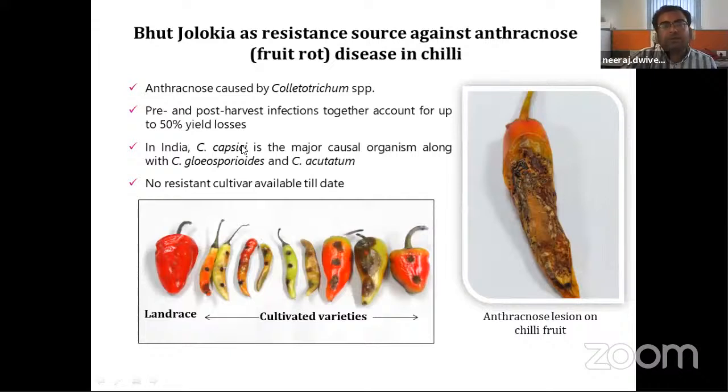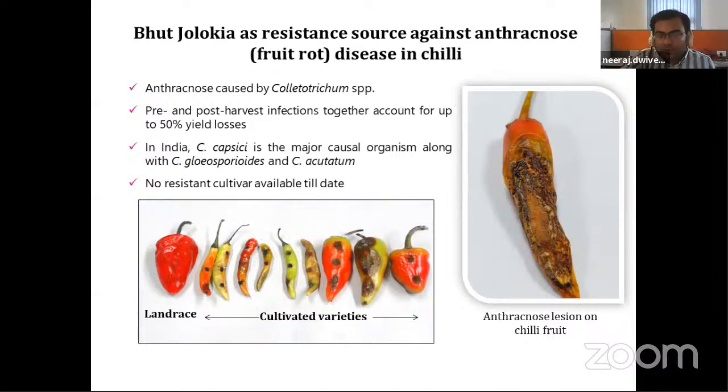As you all know, anthracnose disease is caused by a Colletotrichum species, and it is a pre- as well as post-harvest disease, which causes yield loss up to 50%. We all know that India is the highest producer, consumer, and exporter of chili crop. In India, Colletotrichum capsici, as well as Colletotrichum gloeosporioides and C. acutatum, are the major causal organisms of anthracnose disease in chili.